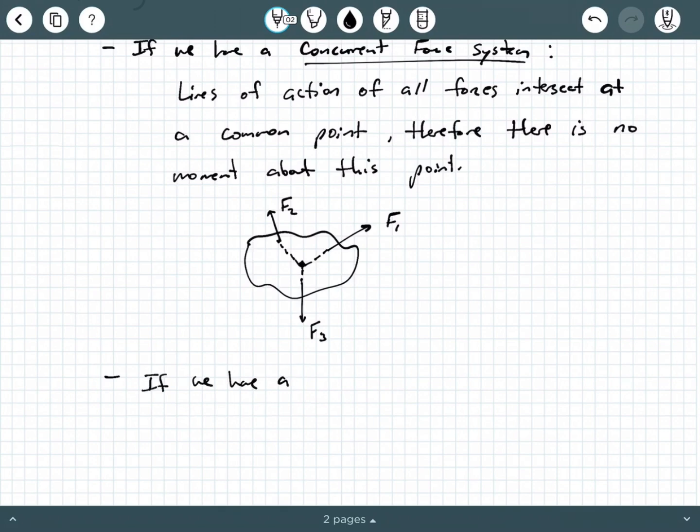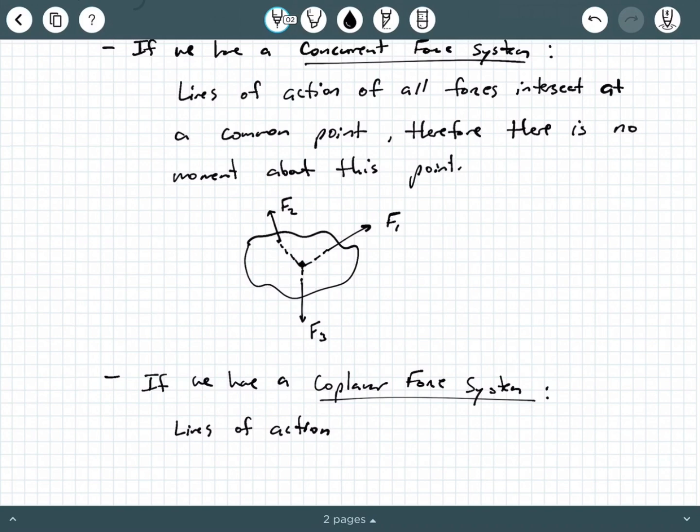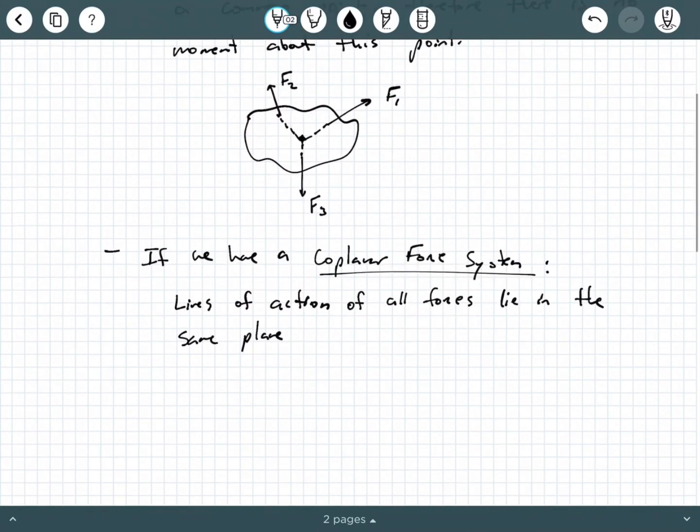If we have a coplanar force system, okay, and in this case, the lines of action of all forces lie in the same plane, which we've dealt with that already.